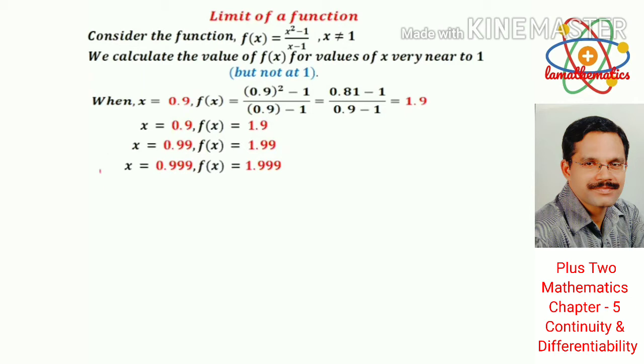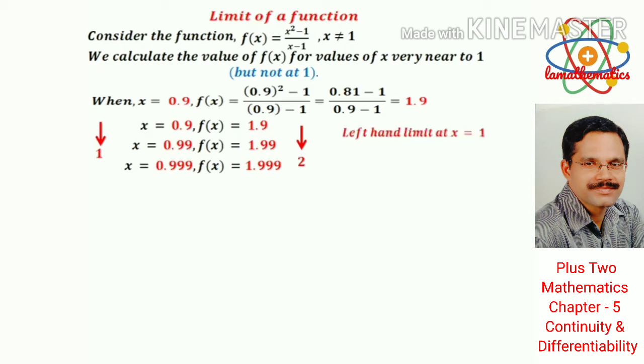That is, when x approaches 1 from the left side of 1, that is a value less than 1, that is x increases to 1, the value of f of x approaches 2. It is important to note that at no time is the value of f of x equal to 2, but it increases and tends to 2.